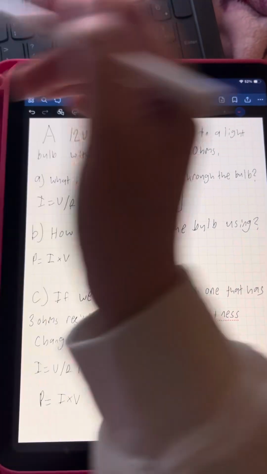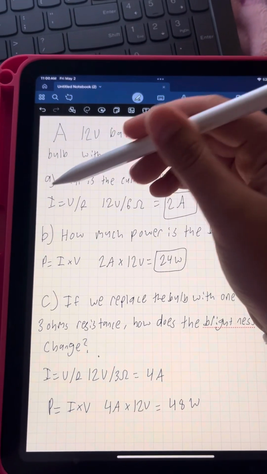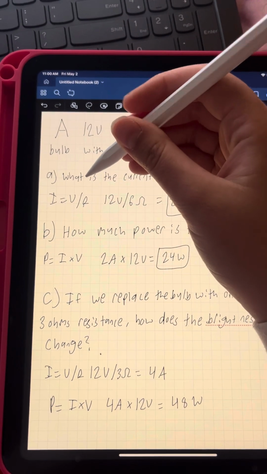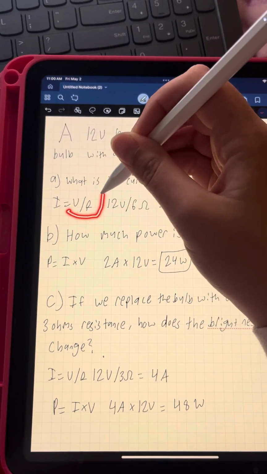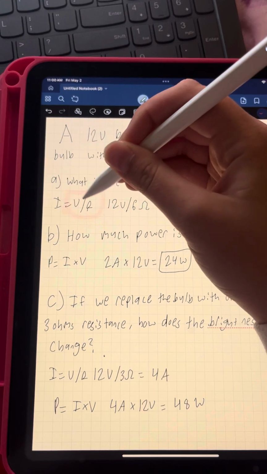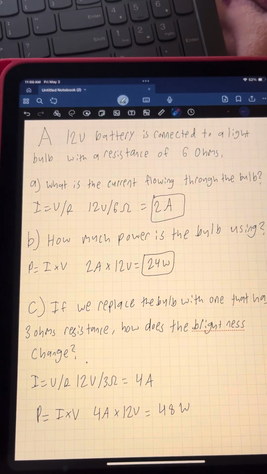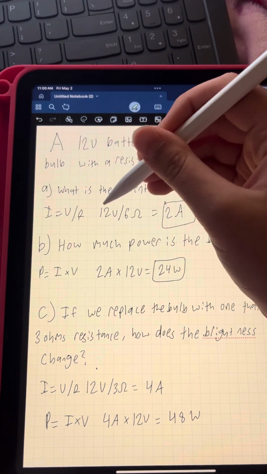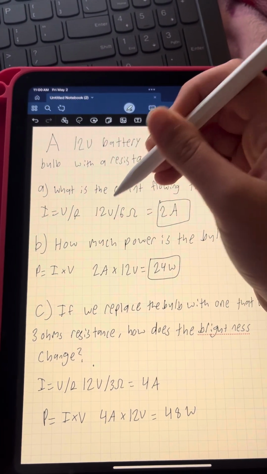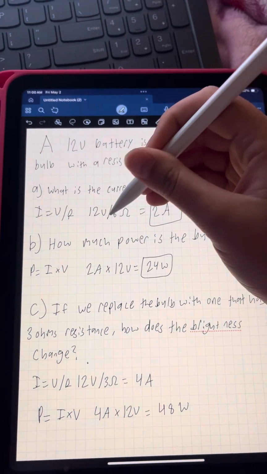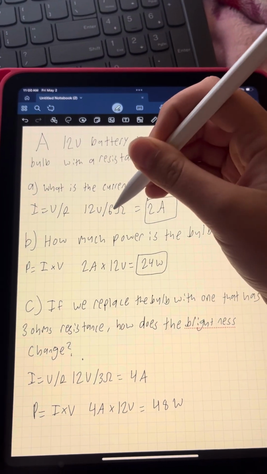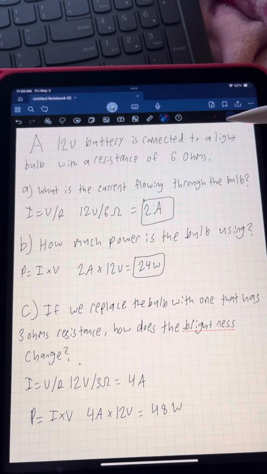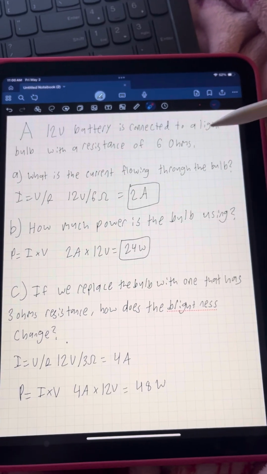Current, which is I, is equal to voltage divided by resistance, V over R. The voltage is 12 volts and the resistance is 6 ohms. So we end up getting 2 amps for the answer. So 2 amps is the current that's flowing through the bulb.